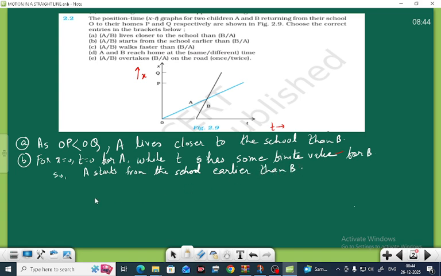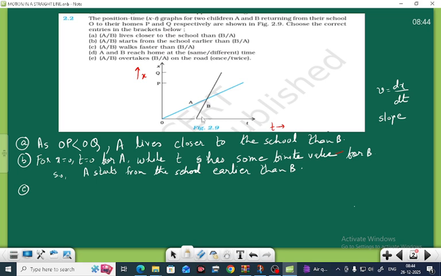Now point C is: A or B walks faster than B or A. Which one? You can see here, whenever we find the velocity between x position and time, we have to find the slope. Velocity is defined as dx by dt, that is the rate of change of position with respect to time, and this is what we call the slope.